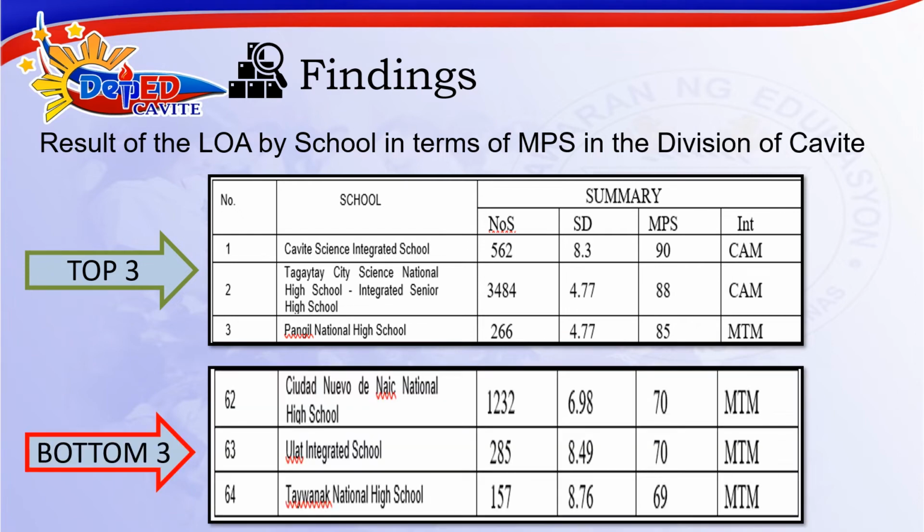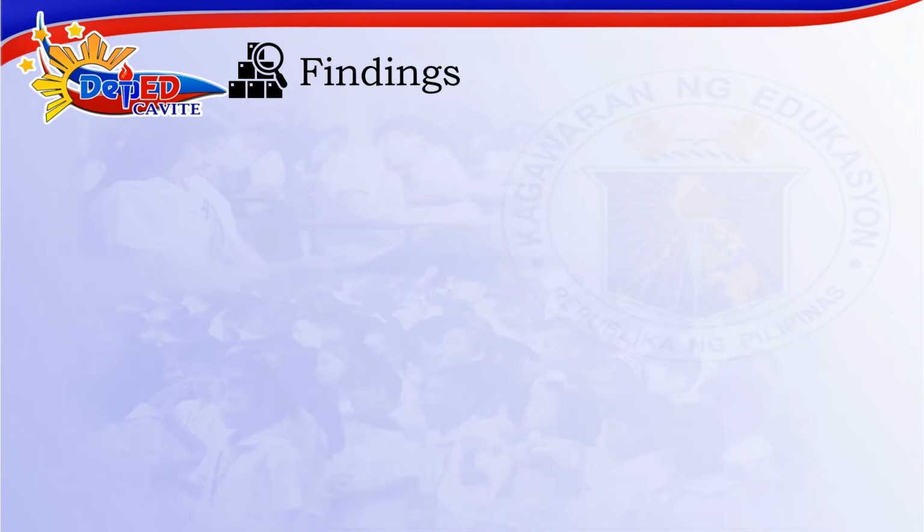As for the bottom 3, we have Ciudad Nuevo de Naik National High School, Ulat Integrated School, and Teguanak National High School, all with the level of mastery moving towards mastery.